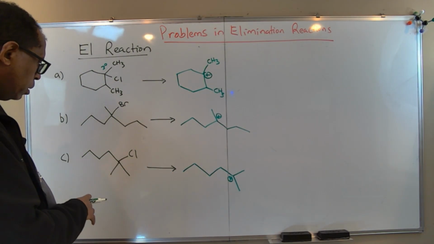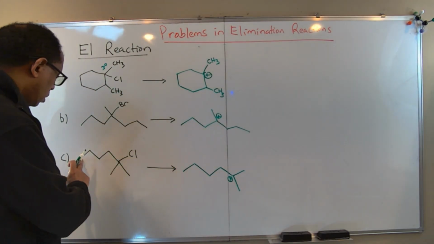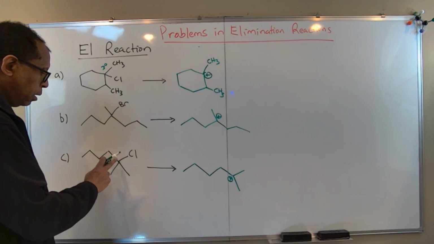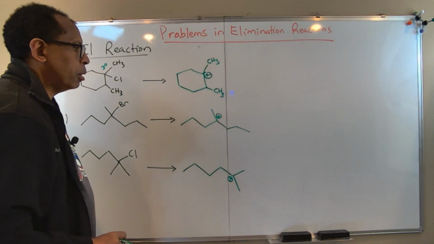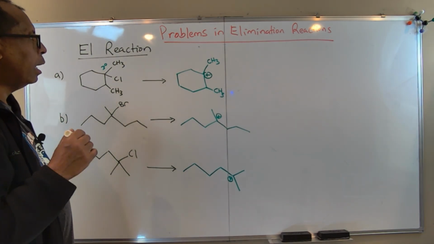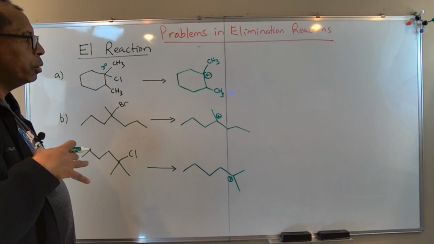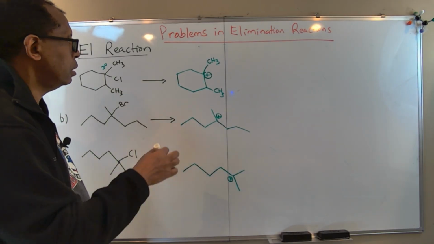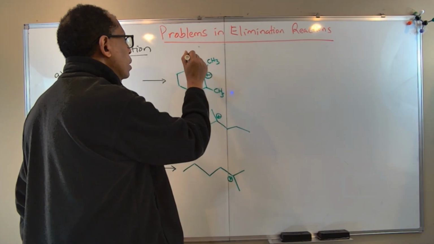So that's what it looks like. 1, 2, 3, 4, 5, 6. 1, 2, 3, 4, 5, 6. So these are the corresponding carbocations. Now, in order for the elimination to happen, this is an alpha carbon, and a beta carbon.